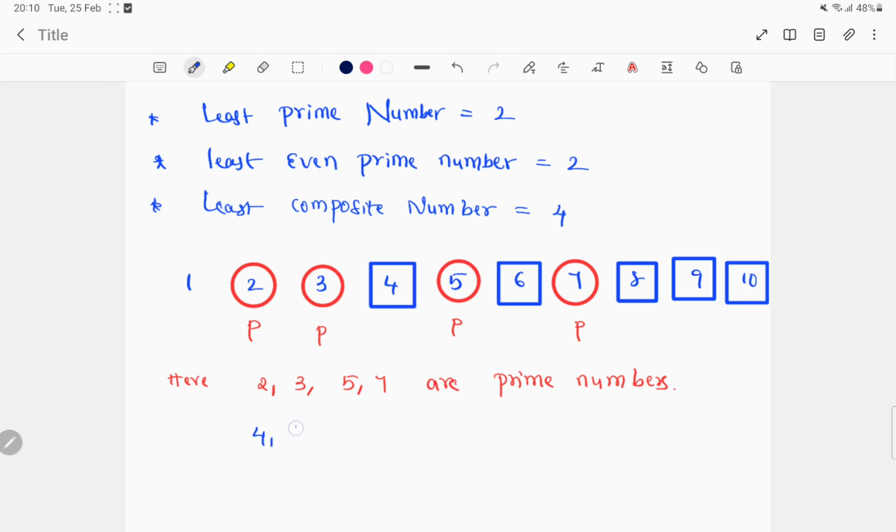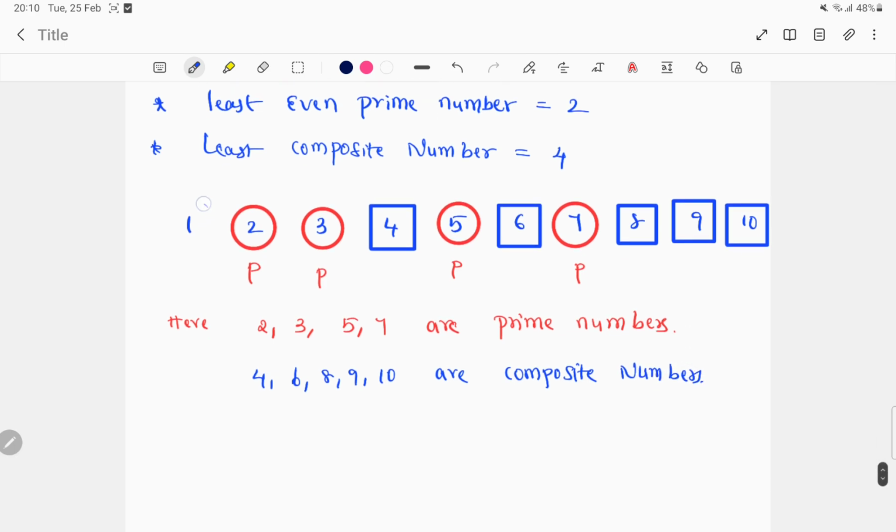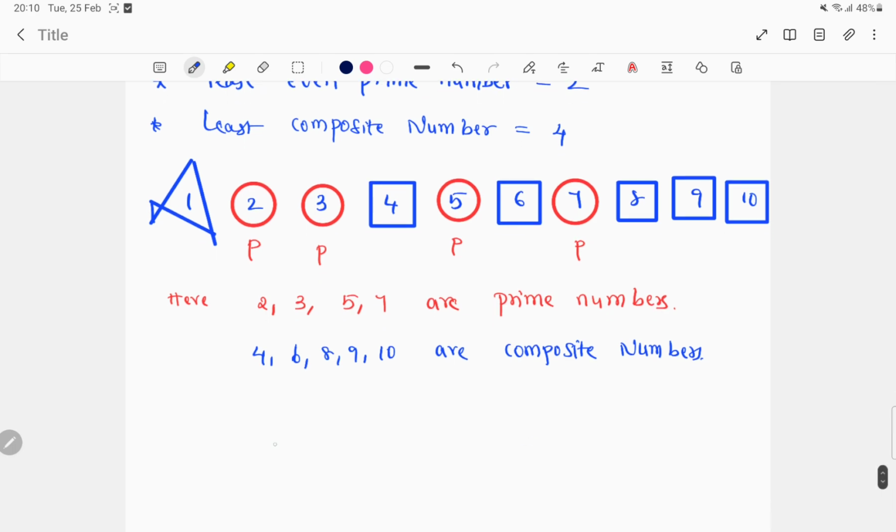So 4, 6, 8, 9, 10 are composite numbers. Next, what about 1? 1 is neither prime nor composite, a different one.